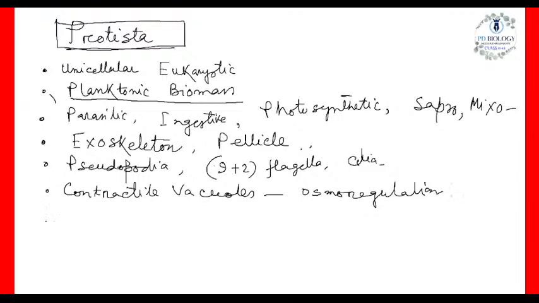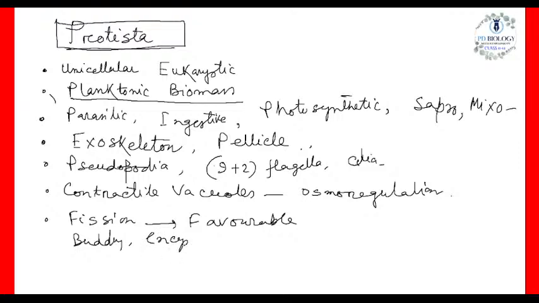Reproduction occurs generally by asexual method. Mostly these are common to us, the binary fission and multiple fission. Fission is always under favorable condition. But budding, encystment, sporulation are always in unfavorable condition.